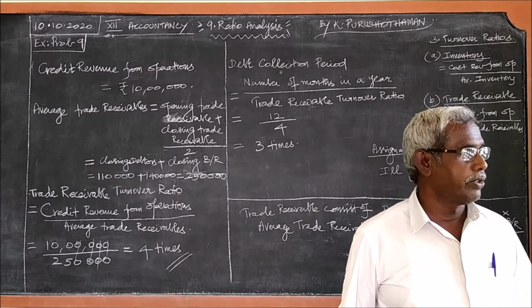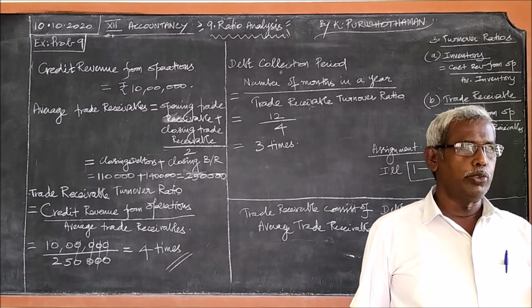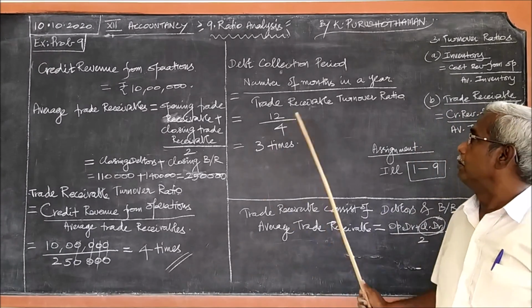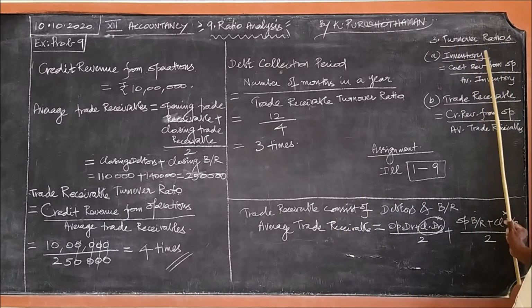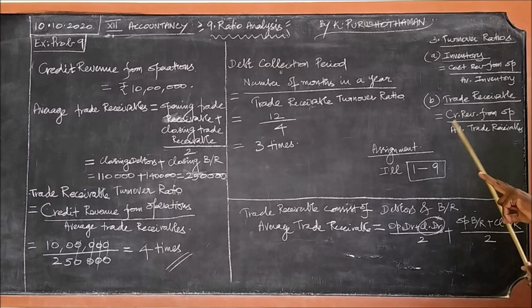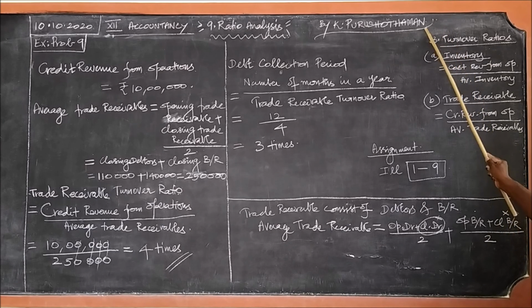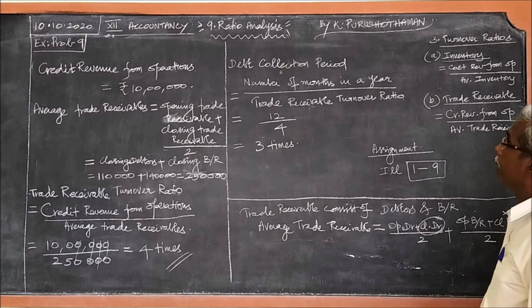These are the 3 types. So the first model has 2 types, the second model 3 types, 5 we have seen already. Regarding the third model, turnover ratios, we have seen the inventory turnover ratio and the trade receivable ratio so far. There are 2 more items, the trade payable ratio and the last one, the fixed asset turnover ratio. These 2 more ratios are yet to be seen under this third model. Okay, we will continue with the next class.